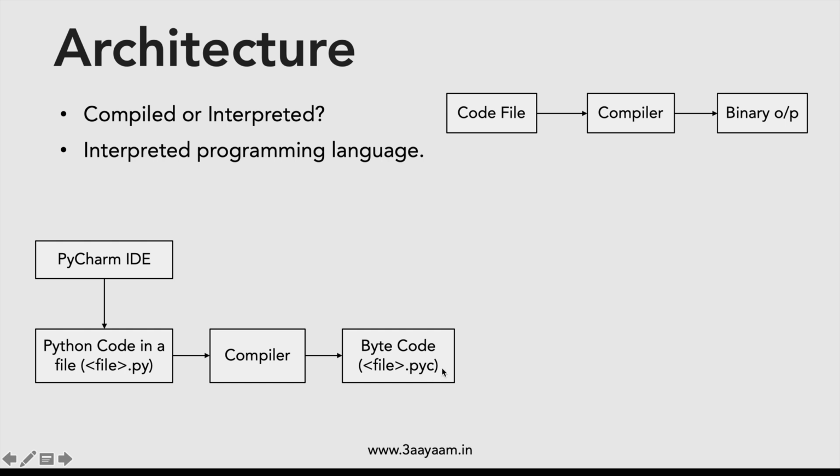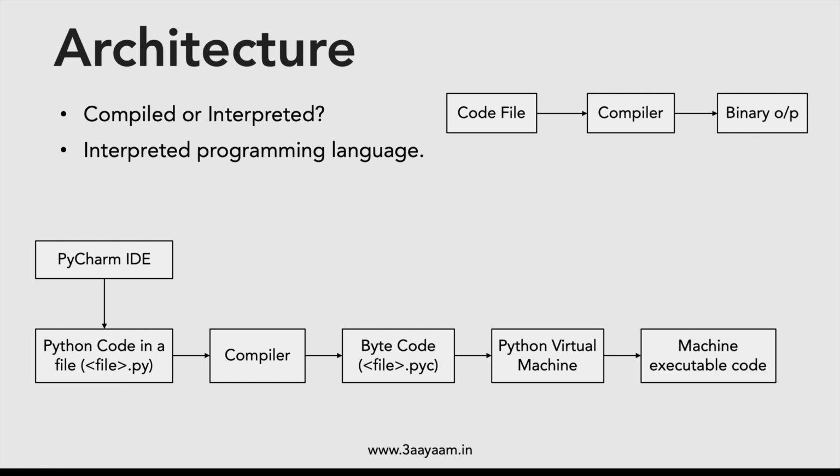The bytecode file name is .pyc, and it is passed to a Python virtual machine, and the Python virtual machine creates a machine executable code or the binary output, and then it is executed in the machine.